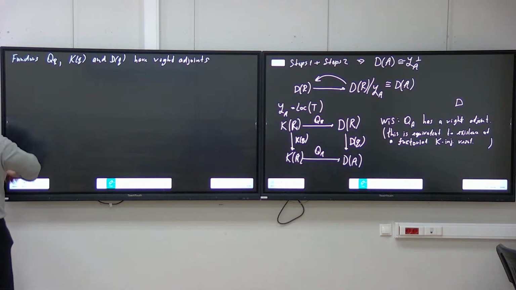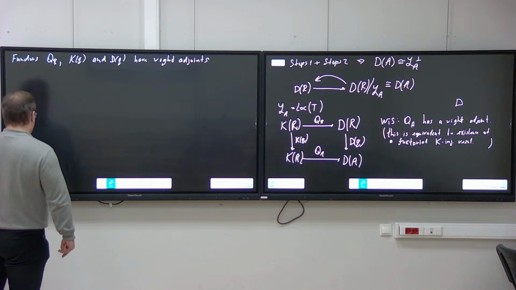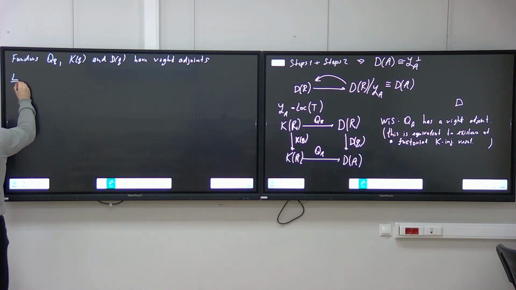So the existence of the right adjoint for the functor Q of A follows from just a general lemma.